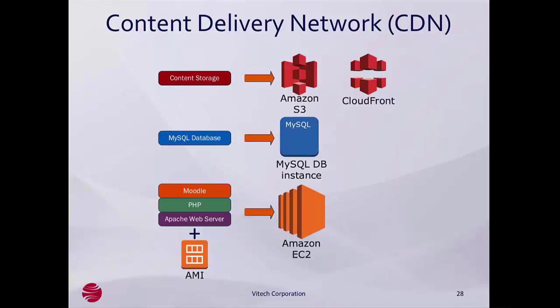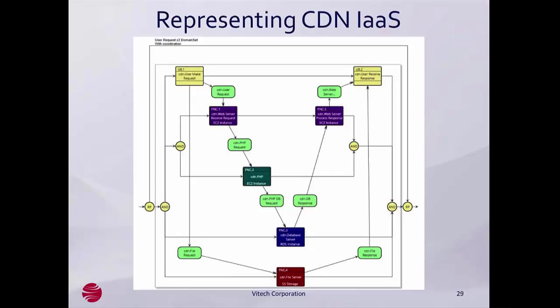The significant consequence is that the large content files are no longer transferred through the connections in our solution. To represent the use of a content delivery network, I have changed the model so that the user's requests and responses for content now go directly to the file server function allocated to the S3 storage component entity.